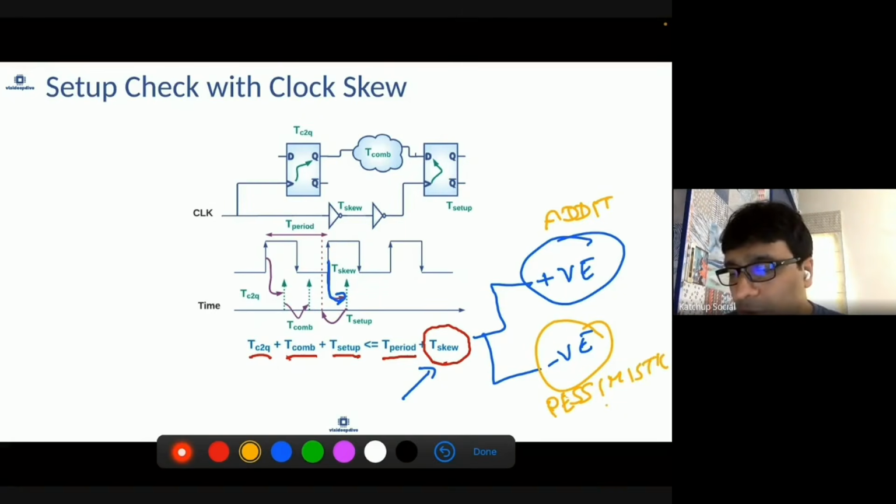So when skew is present, the equation changes: clock to Q propagation delay plus combinational delay plus T setup should be less than or equal to period plus clock skew. Whether skew is positive or negative, the equation will automatically handle it.